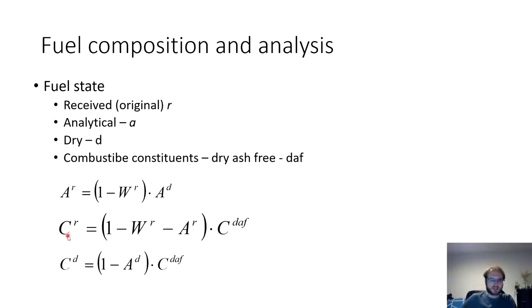Then some components, for example carbon, but also the same for other combustibles, in the received state is the dry ash free multiplied by 1 minus what we subtract from that, which is the water in the received state and ash in the received state. And here, for example, in the dry state and dry ash free, we have carbon in dry, carbon in dry ash free multiplied by 1 minus ash in the dry form.